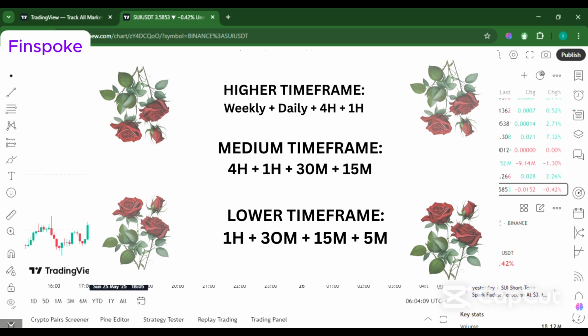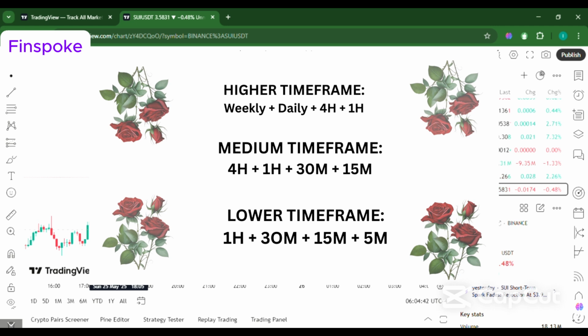You won't be able to capture or have clarity of what the price is doing on those time frames that you jumped. So it is more advisable to move from weekly to daily, from daily to 4 hours, from 4 hours to 1 hour, and from 1 hour you can talk of 30 minutes, 15 minutes, 5 minutes, and all.